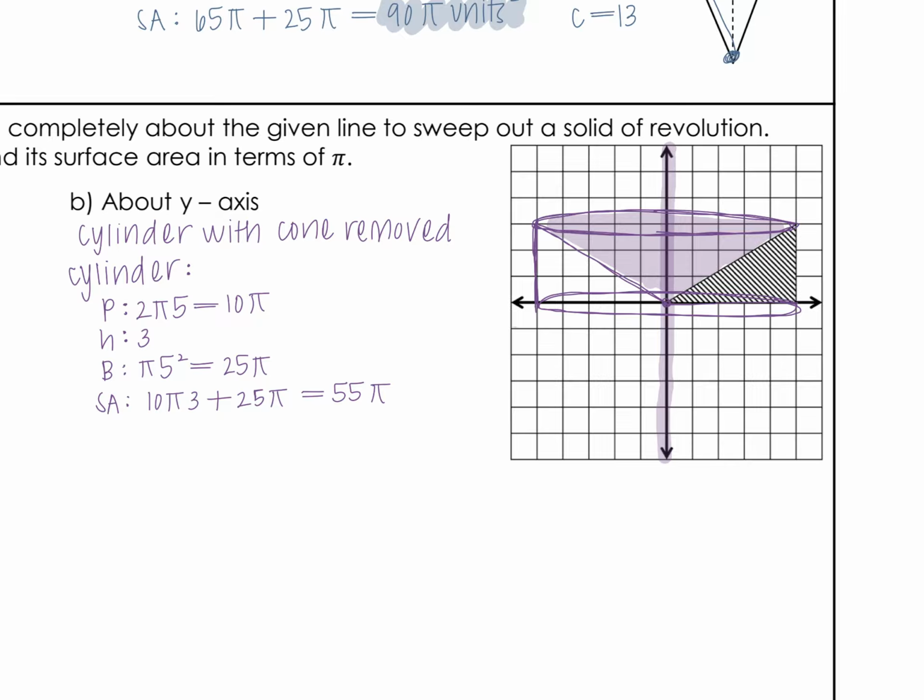Now let's talk about that cone. So this is where surface area is definitely a little more challenging than volume, because in volume, you would just subtract it, right? But with surface area, when I take that hole out, I'm still going to have a surface that is now exposed to the outside.